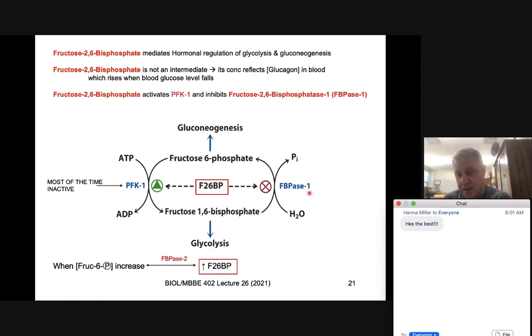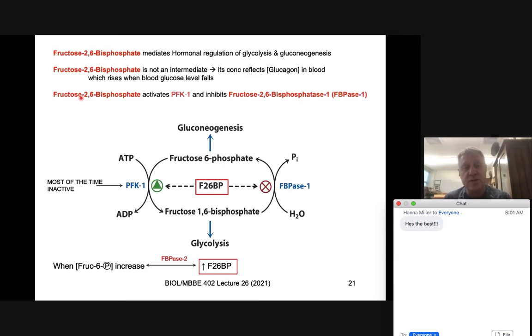And that is because of its inhibitory action on the fructose bisphosphatase enzyme number 1 when it is present. If it's depleted, it's not going to have that allosteric modulation, and therefore the enzyme will actually kick in.